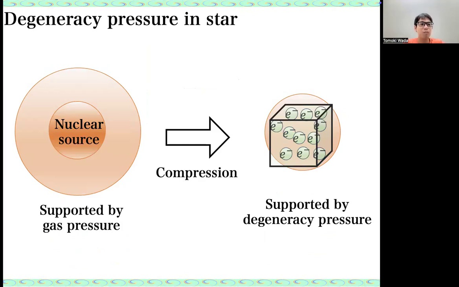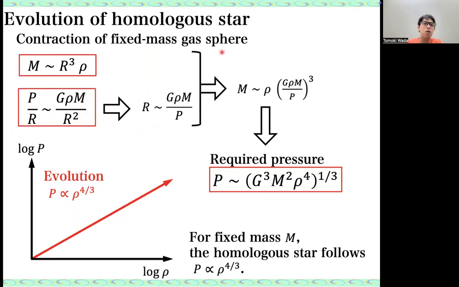Usually, stars are supported by gas pressure, but when you compress this gas sphere more and more, in some parameter space, this degeneracy pressure becomes important. In order to consider these evolutions, let's consider contraction of a fixed mass gas sphere. I mean fixed M. In the last two videos, I introduced three equations: mass conservation, force balance, and equation of state.